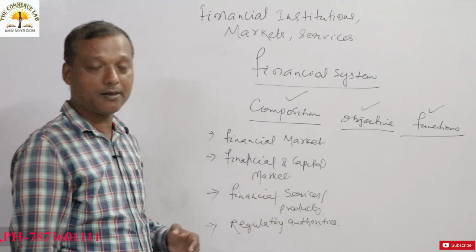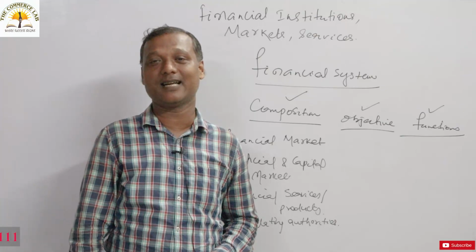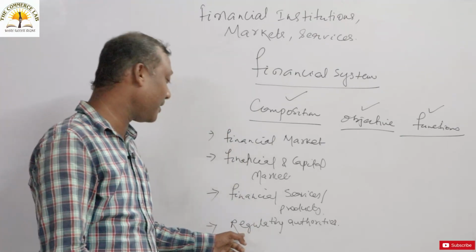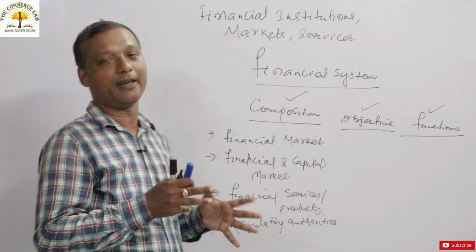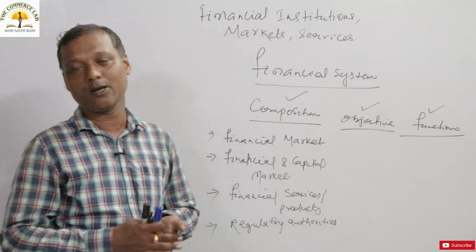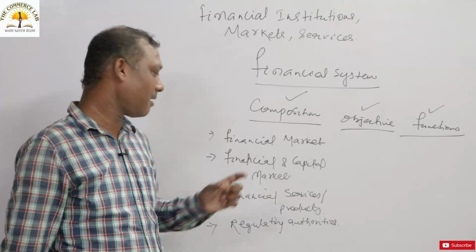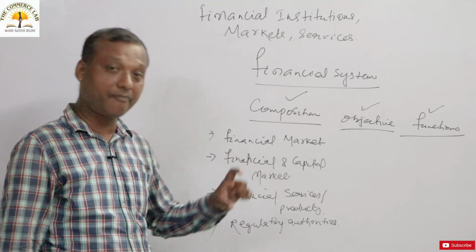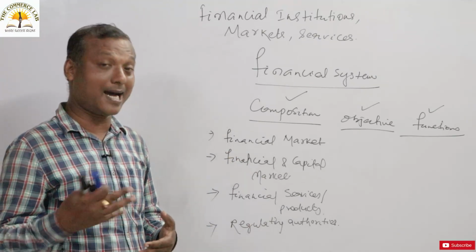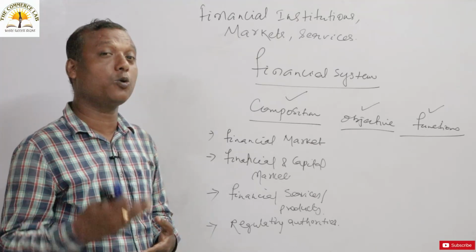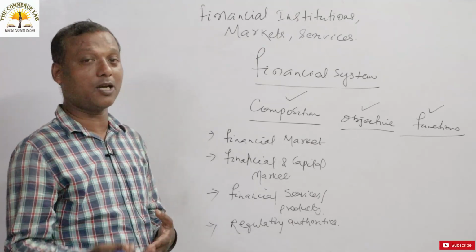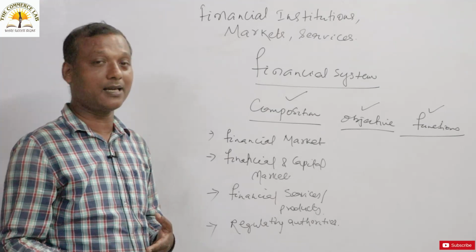Coming down to the last point. The last point is very important, you should understand that, because it is about the regulating authorities. We have seen the operations of the financial market. We have already classified the financial market. We have also told you the features, their mode of operation, their functioning. But finally, at last, it matters a lot who controls them, because without control, without regulation, anything becomes dangerous.